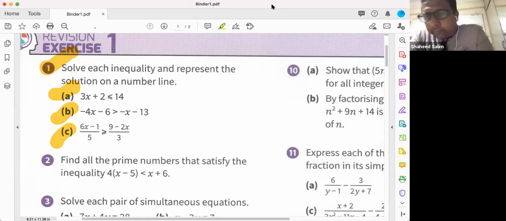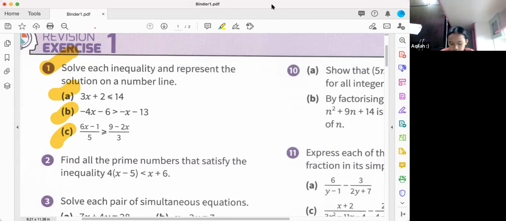You okay, Aqilah? Yeah, I'm doing it. For the final answer, do we need to round up to how many decimals?